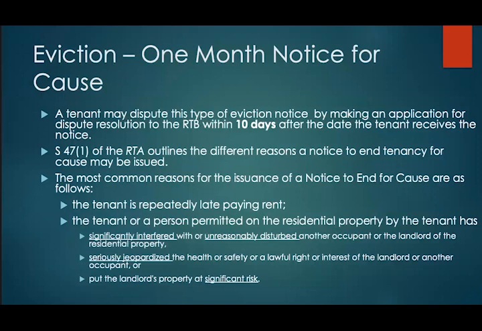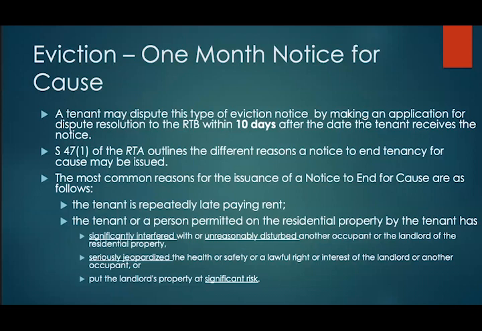That's not in a policy, it's just common customary knowledge amongst advocates who do this work, that if they're repeatedly late paying rent, the number of times that needs to happen is 3 times that they are late paying rent. Twice it doesn't usually do it. 3 times, yes.